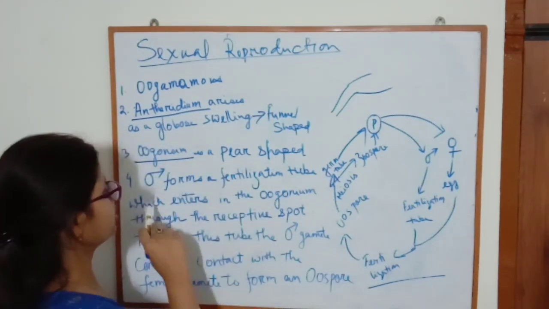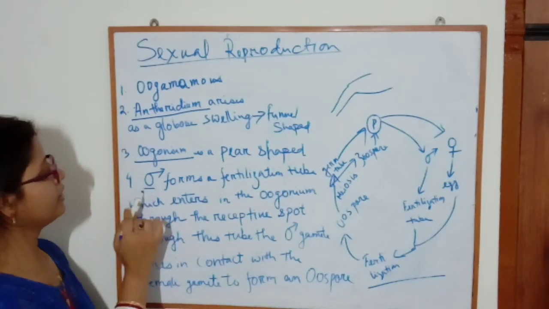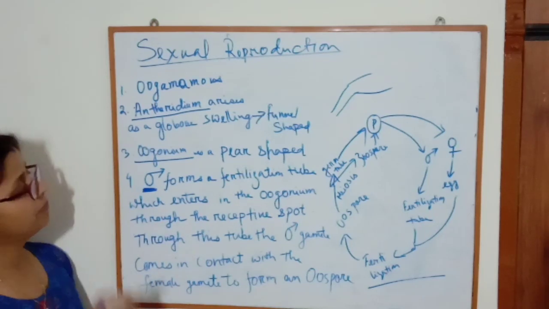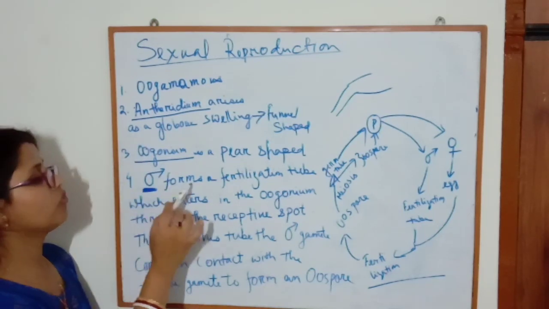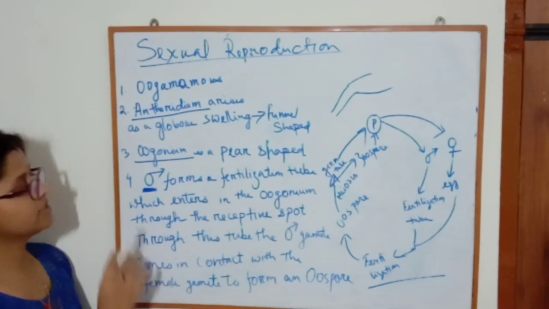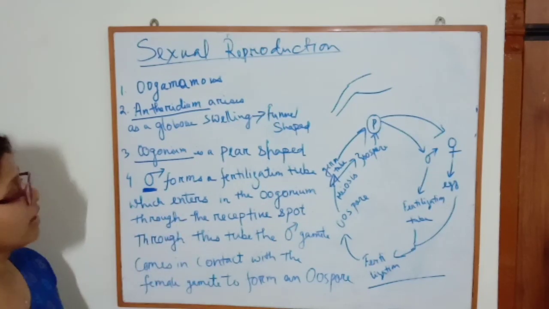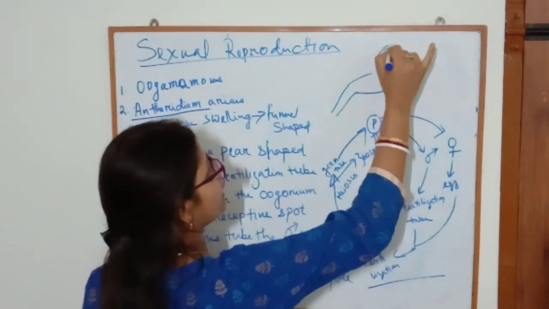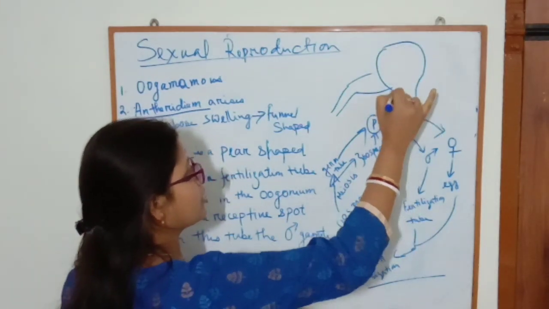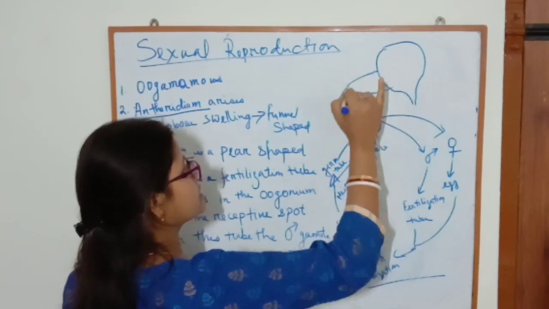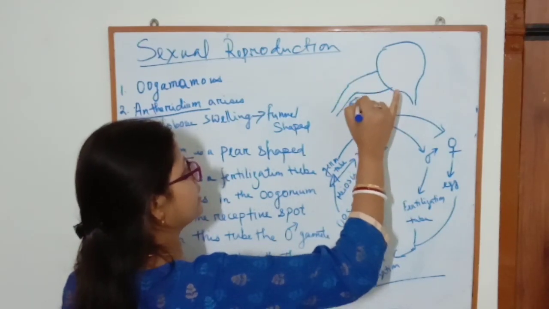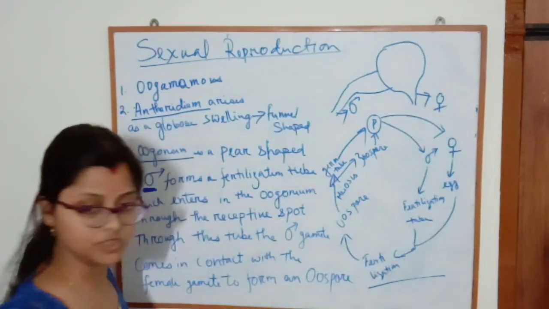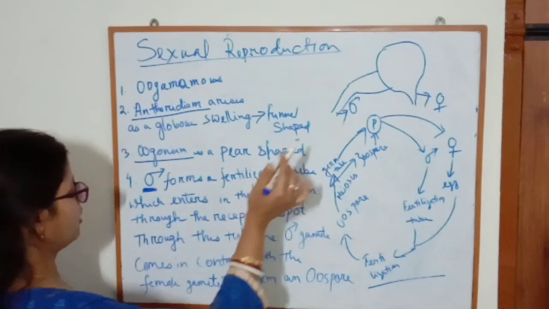In sexual reproduction, what happens? The male reproductive organ, the antheridium, forms a fertilization tube which enters the oogonium through the receptive spot. This is the oogonium, a spherical or pear-shaped structure, and this is the antheridium.